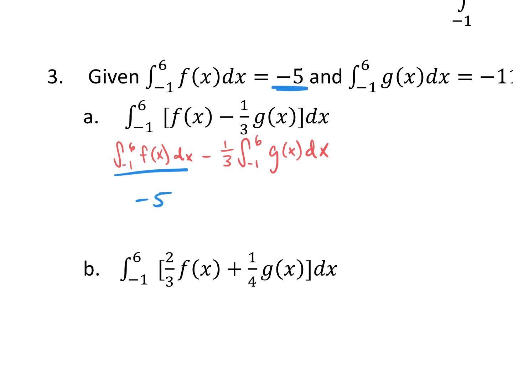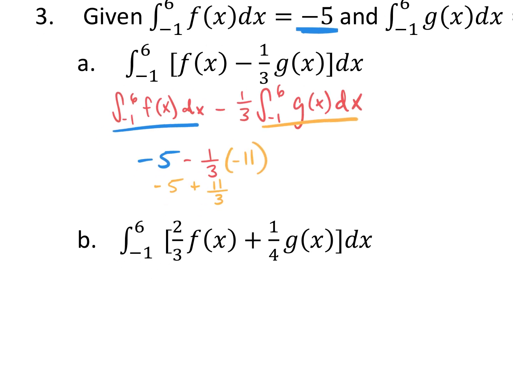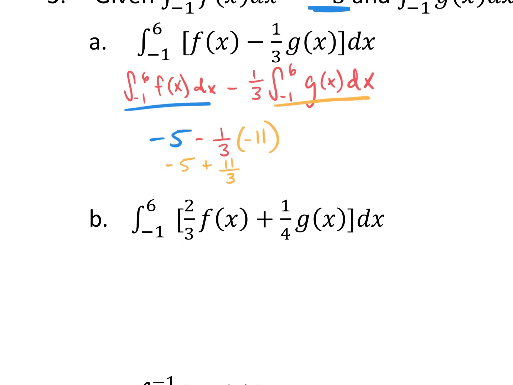So this would be -5, minus 1/3 times our integral of g of x, which says that it's -11, so this would be -11. And then from here, we just have to simplify. So we get -5, this turns into plus 11 over 3. We would need a common denominator, so I could make this -15 over 3. So when we add these together, you should get -4 over 3.